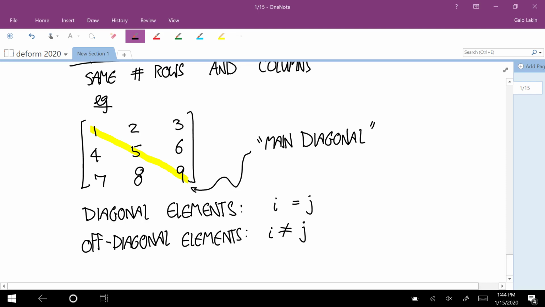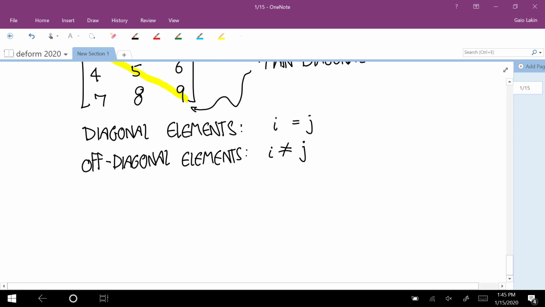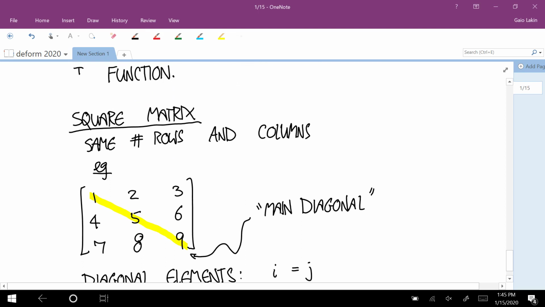It's going to turn out with the matrices that we deal with that there are fundamental differences between the diagonal elements and the off-diagonal elements, so we'll interpret these in different ways.